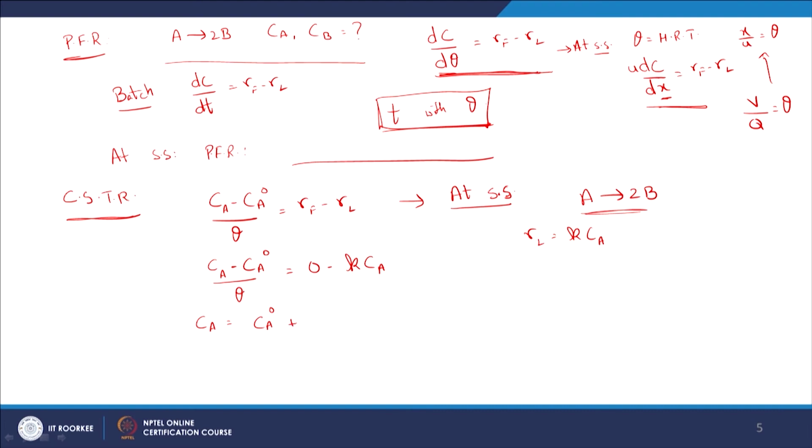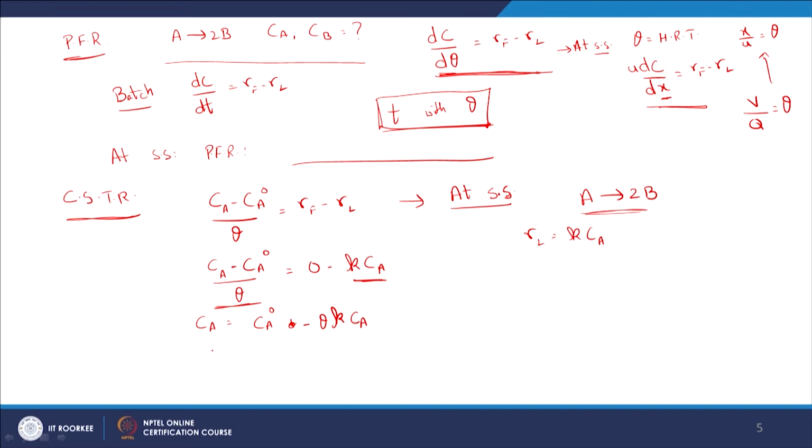plus, now it is plus, I guess, minus theta into K CA, is that right? Let us look at our calculations for one second. Okay, I believe I can understand what the issue here is. Here we have the KCA term, and I need to bring that over to the left. So CA is equal to CA naught minus theta into KCA.